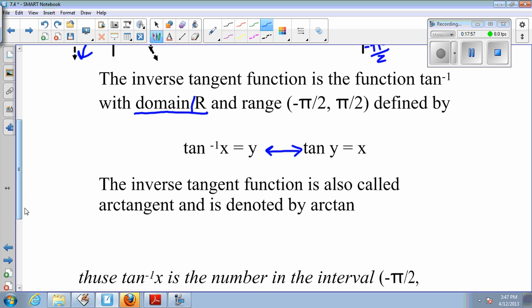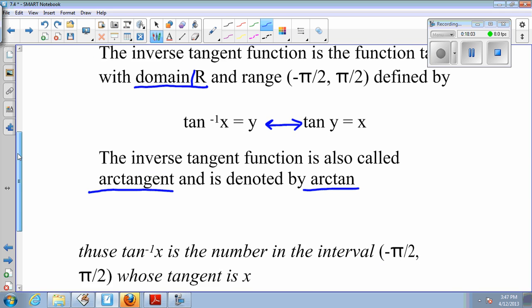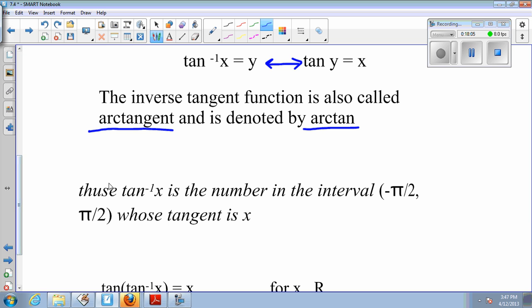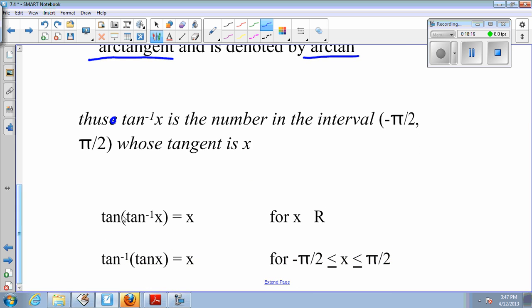So the inverse tangent function is also called the arctangent. Thus, the inverse tangent is a number in the interval negative pi over 2 to pi over 2 whose tangent is x. And we know tangent and inverse tangent are inverses, and therefore you get out just x.